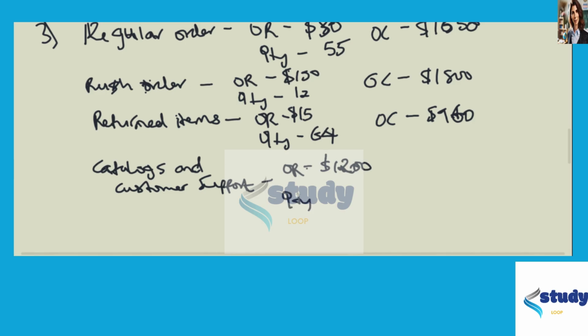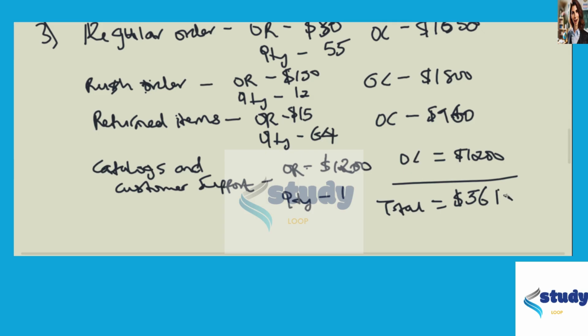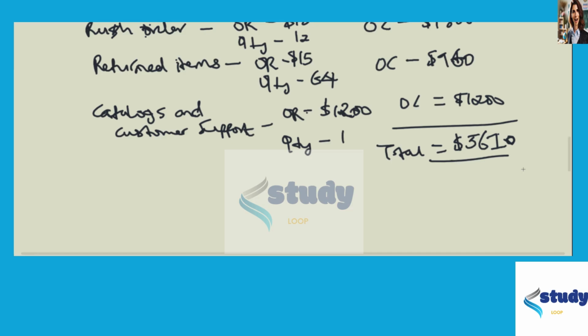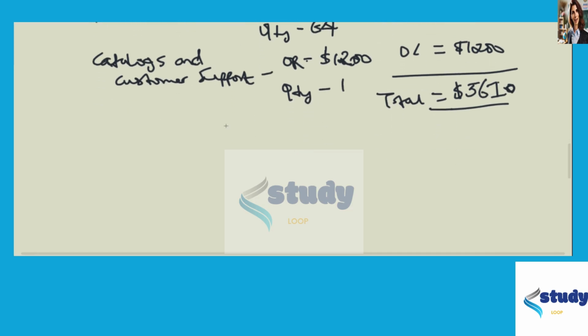The quantity is 1, and the overhead cost is 1,200. So now the total would be 5,610. So now moving on to customer 4.